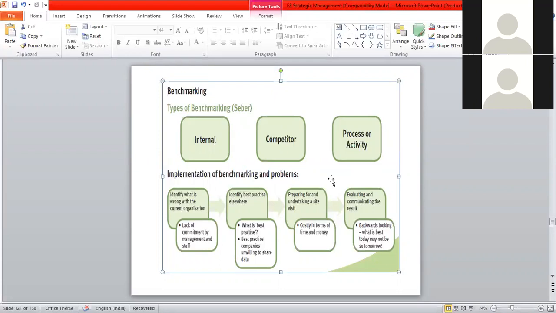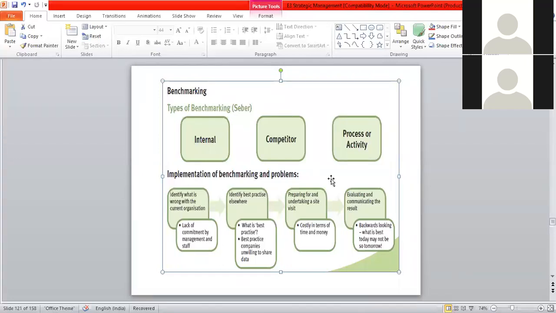Sometimes the peers or the competitors or the rivals in an industry are considered, and one competitor who's doing well, whose performance is better, can be decided as a benchmark, and all other peers in that industry, their performance is compared with the competitor. Whoever is best is identified, and their performance is set as a standard.